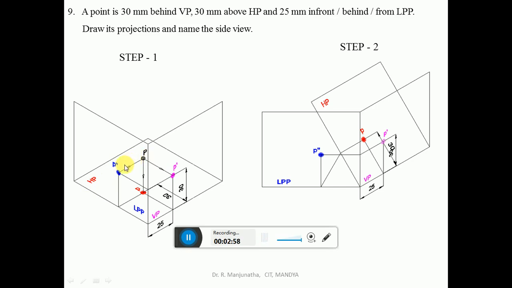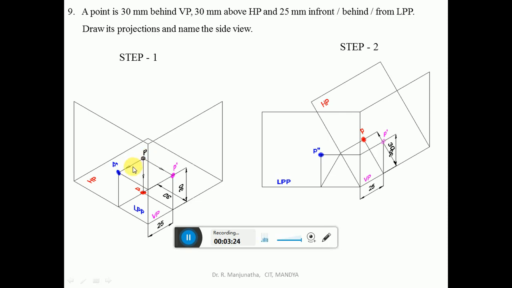So the behind LPP distance is seen when you look from the top view, it will be on HP, and when you look from the front view, it will be on VP. So that distance is 25 mm. You can see the distance of 25 mm from here to here, that is from LPP to the point is 25 mm.